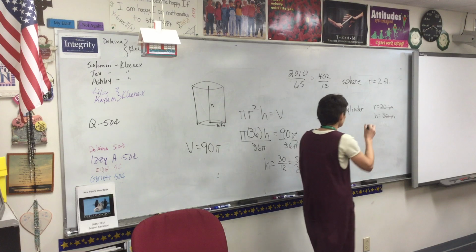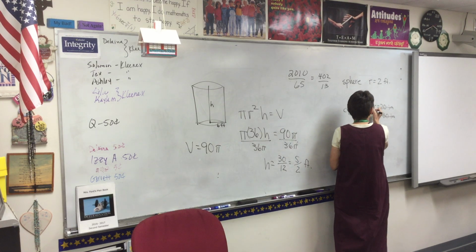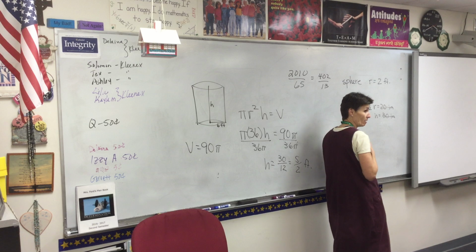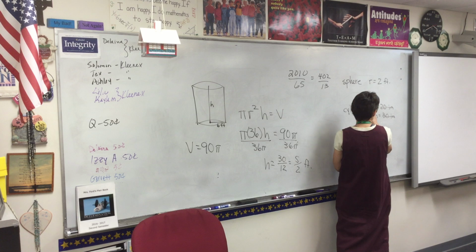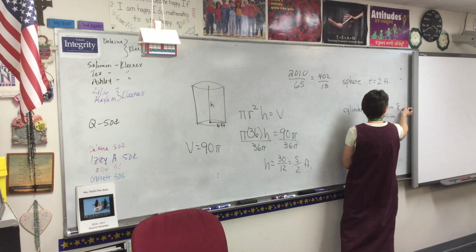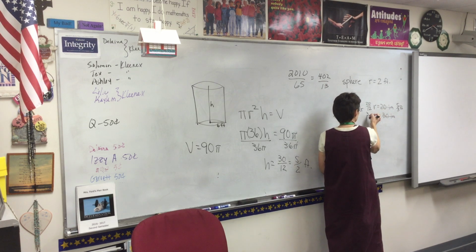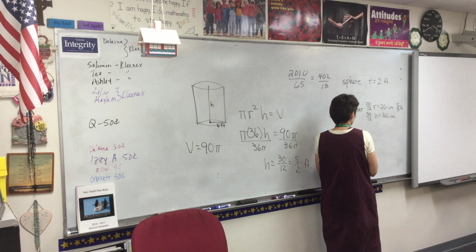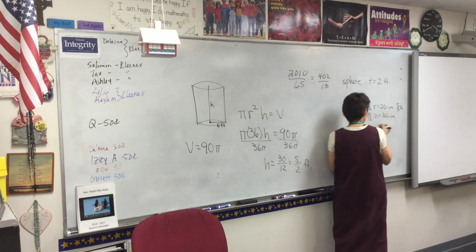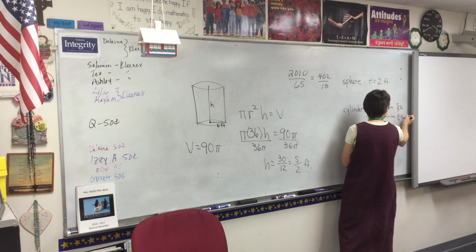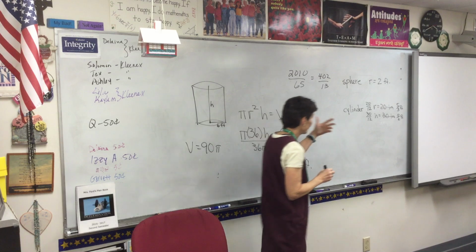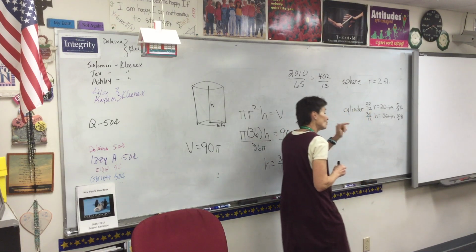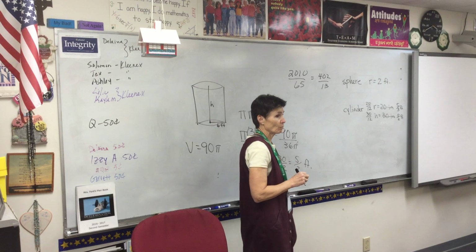So 20 divided by 12, which I can reduce myself or let my calculator reduce. 4 goes into both, so 5/3 feet. And 30 inches would be 5/2 feet. I'm reducing that by dividing by 6, but if you type it in your calculator, it'll do the same thing.